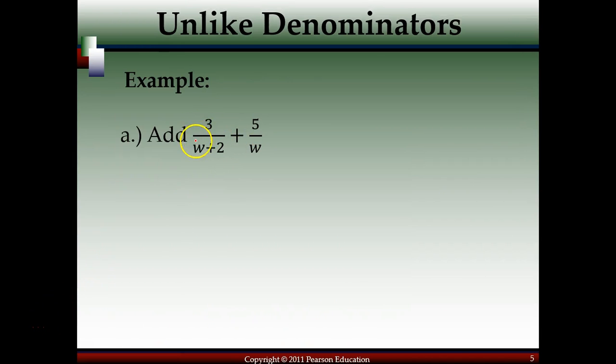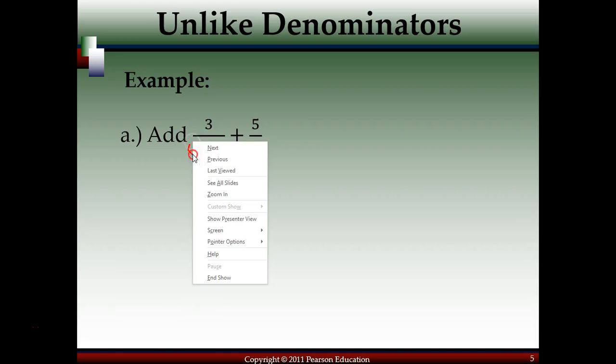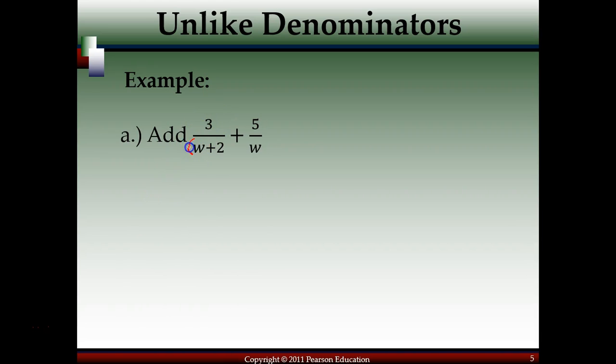All right, so here we have 3 over w plus 2 plus 5 over w. This right here, and then this right here are two totally different things, two totally different denominators. And we can't just simply say add 2 here, add 2 here. Nope. We got to multiply both numerator and denominator to get our common denominators to be able to add these rational expressions together.